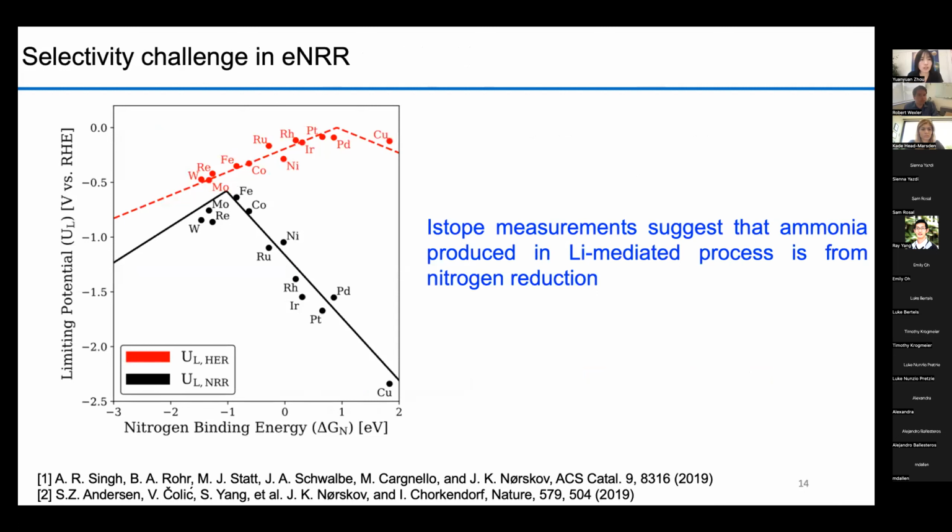However, electrochemical ammonia synthesis has a main challenge, that is low selectivity, named the Faraday efficiency, the fraction of the electrons going toward producing ammonia. As shown here, this is the calculated limiting potential of the nitrogen reduction reaction, the black dots, and the hydrogen evolution, the red dots, as a function of nitrogen binding energy.